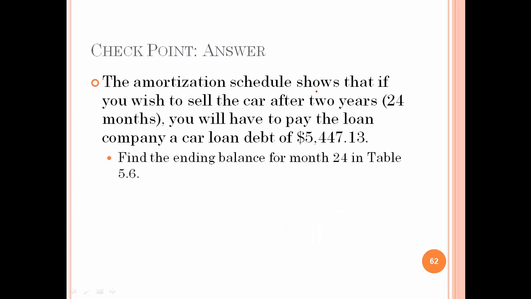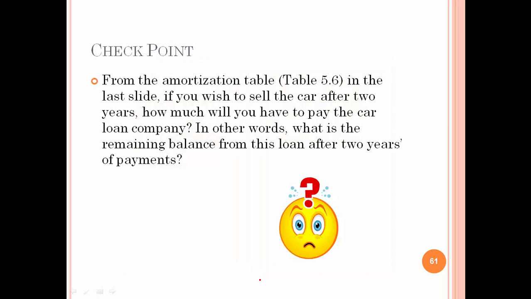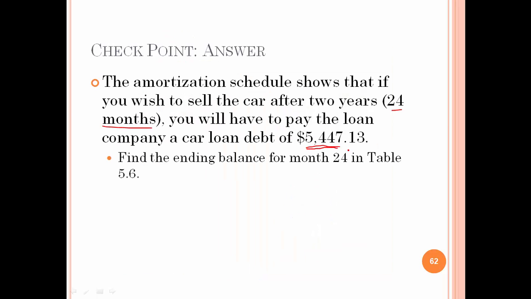The amortization schedule shows that if you wish to sell the car after 2 years, which is after 24 monthly payments, then you will have to pay the car loan company the remaining balance of $5,447. Let's see if that's the case. After 24 months, your remaining balance is $5,447.13. So that's how we got that number.